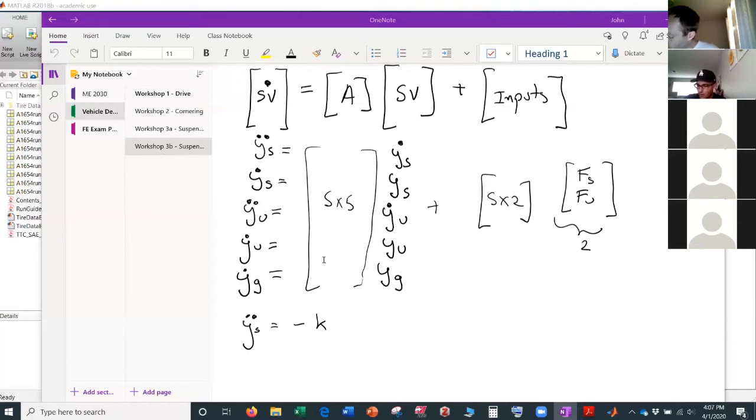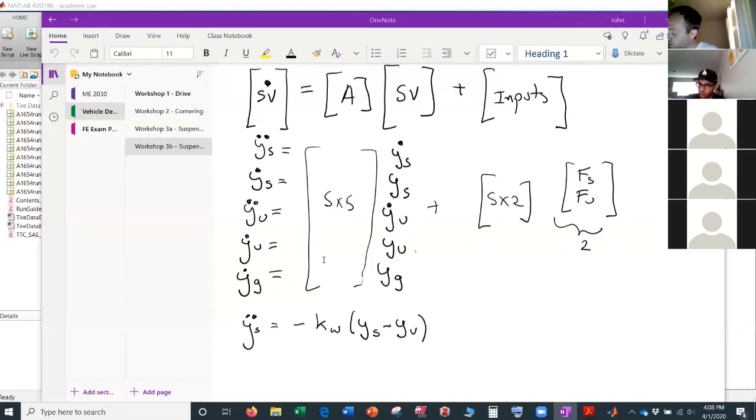This was wheel. No, oh, that's unsprung. I switched up the order. So this is sprung, so that's this bottom one. So I have minus k wheel times y sprung minus y unsprung. So you see that's these 2 terms.